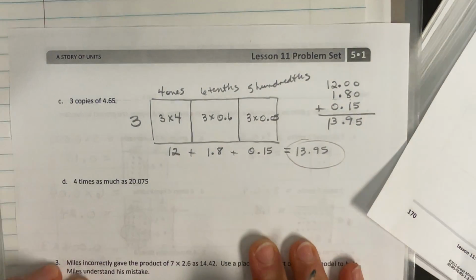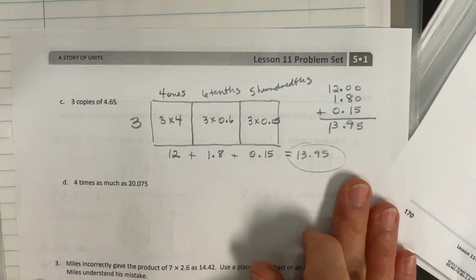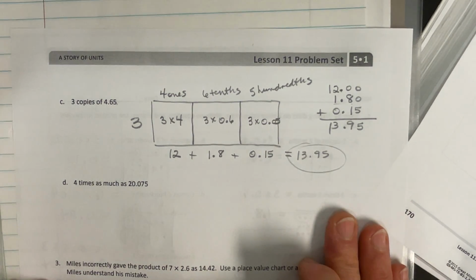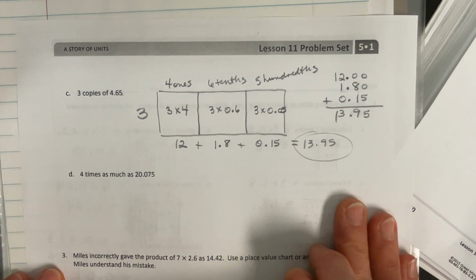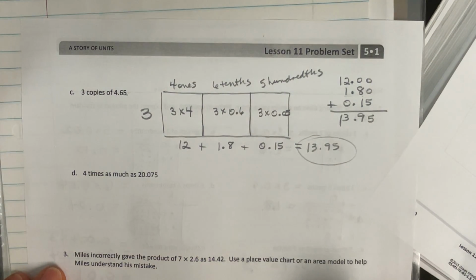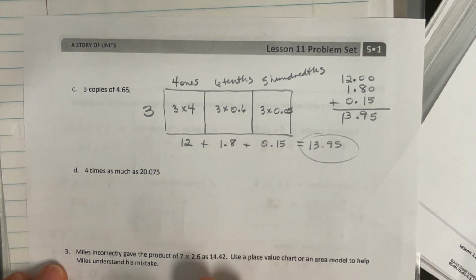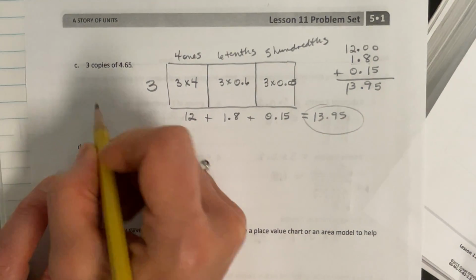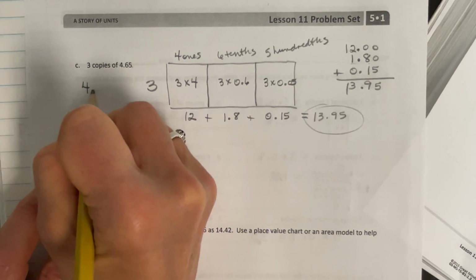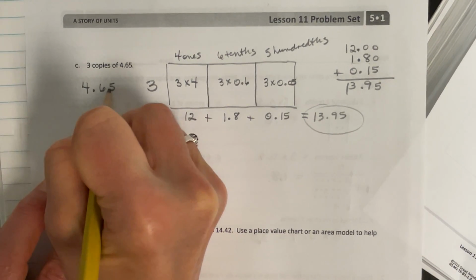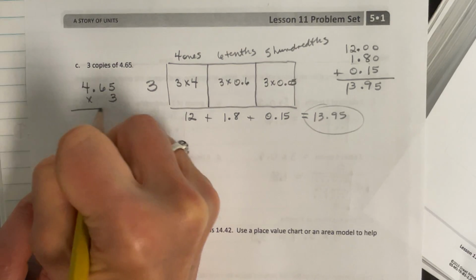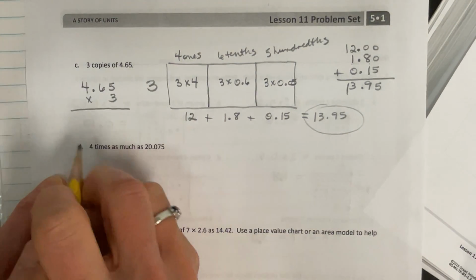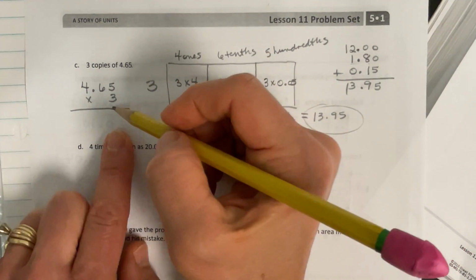Now at this point, Miss Ballard might show you the standard algorithm. I'm not sure. And I hesitate to show you that today. I guess we're supposed to practice this. But I do want you to understand that what you do when you do the standard algorithm, I'm going to show you really quick in case anybody's a little bit lost, is when you set up a problem like this, notice you're doing the same thing.